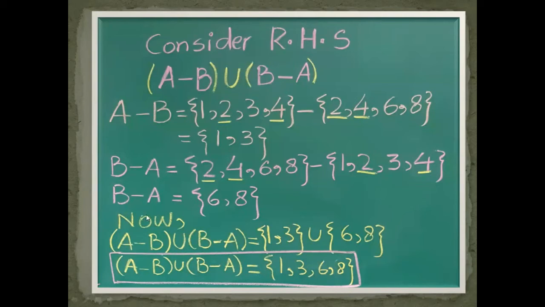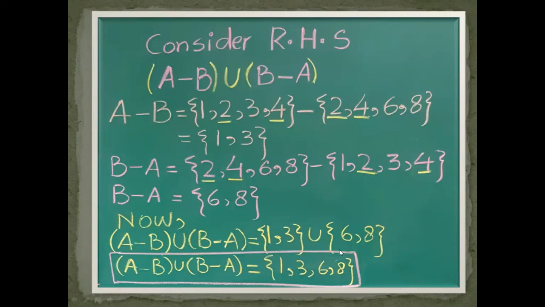Now the final step: A minus B union B minus A. A minus B we solved here, and B minus A we solved here. The answer of A minus B is {1, 3}, and the answer of B minus A is {6, 8}.